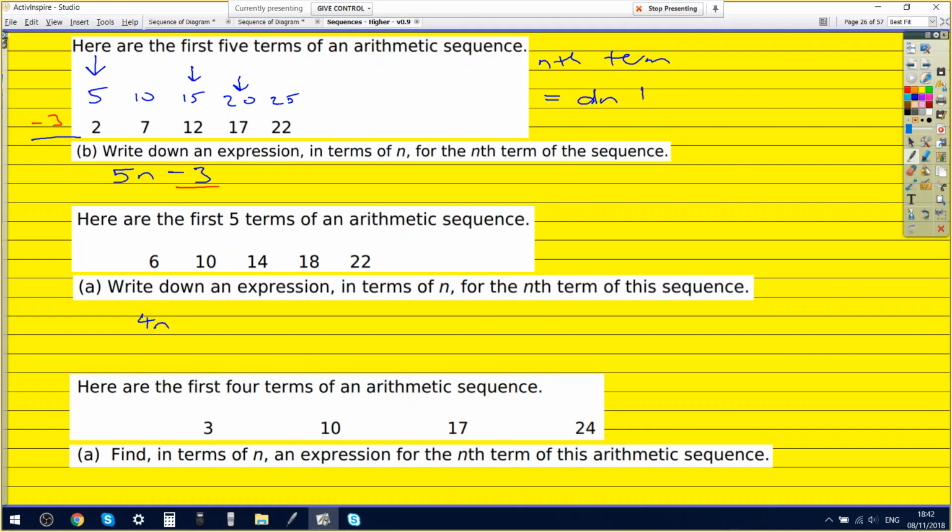This one is like dn plus c, where d is the difference each time and c is term 0. So same thing, part A, the difference was 4, so it's 4n, and then what would be term 0?